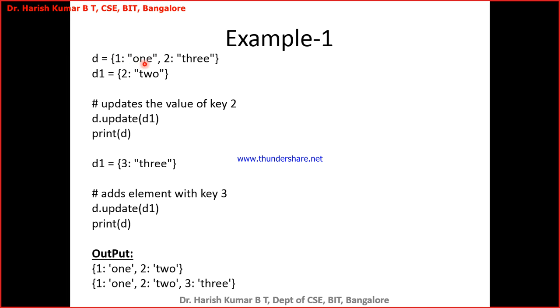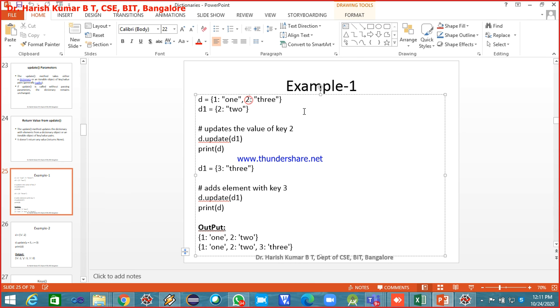Another key value pair, 2 is a key and 3 in words is the value. And this is my other dictionary, 2 and 2. Sorry, I made a mistake here. Let me correct it. I'll make this 3. Sorry.